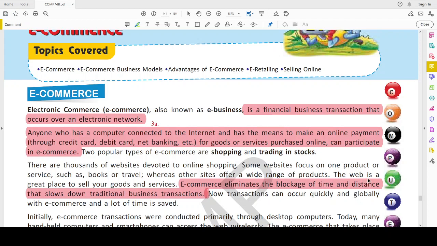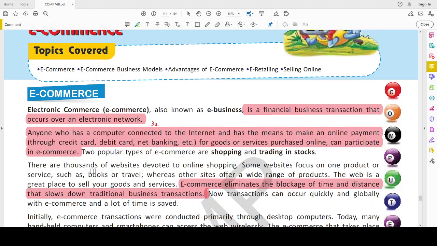The web is a great place to sell your goods and services. E-commerce eliminates the blockage of time and distance that slows down traditional business transactions. Now, transactions can occur quickly and globally with e-commerce, and a lot of time is saved.